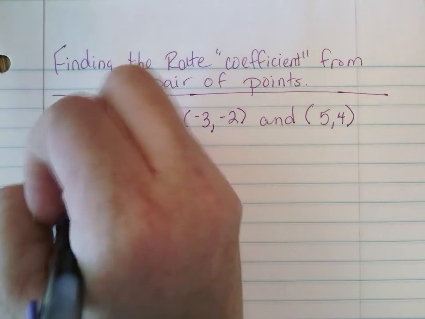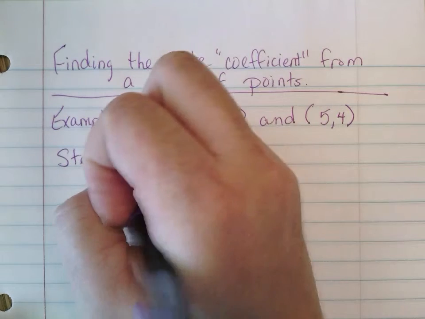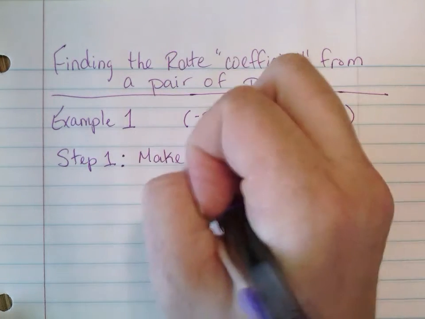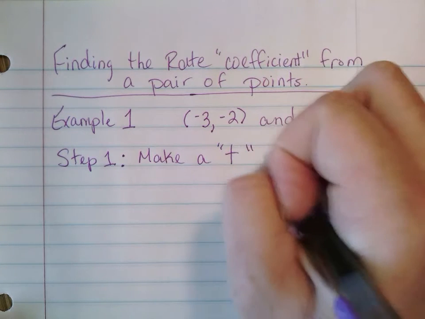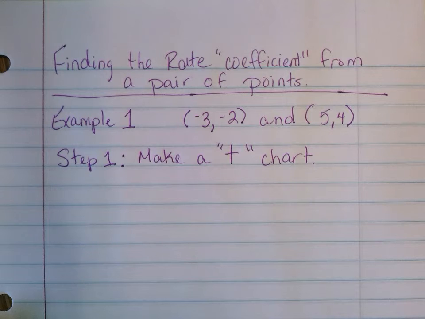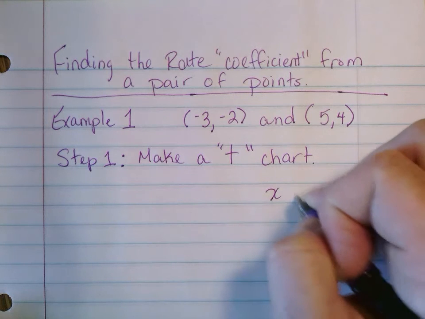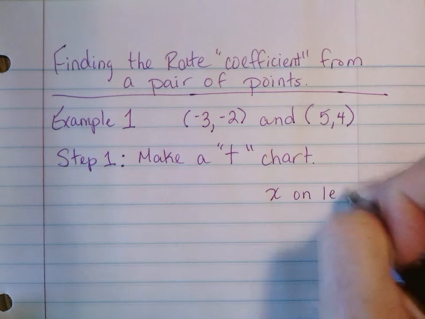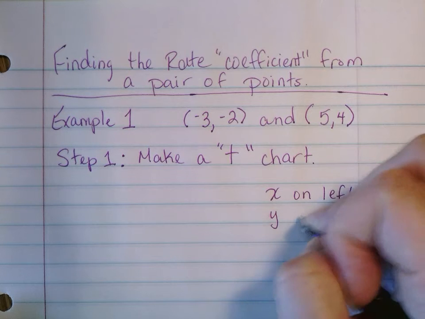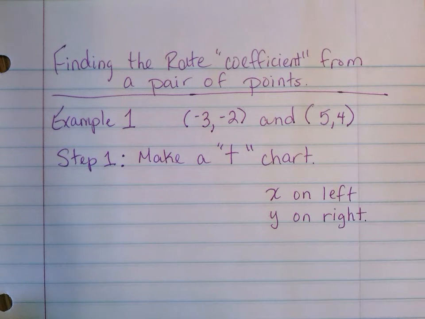Step 1: make a T-chart. A little thing before we start: we need to know that the X values are on the left, and the Y's are on the right.